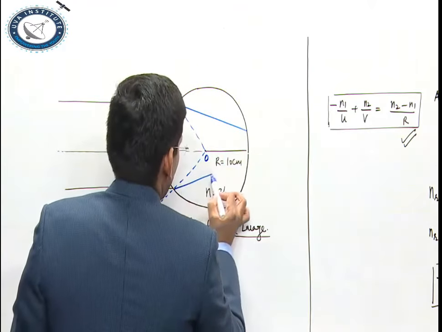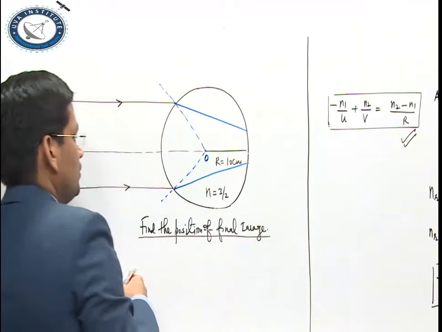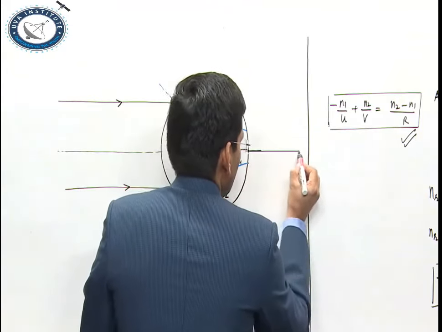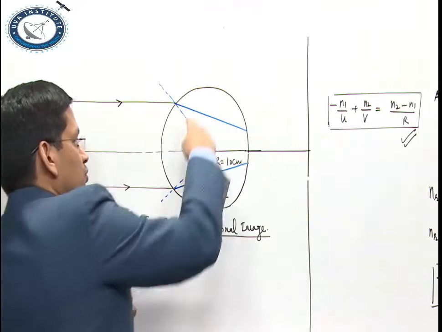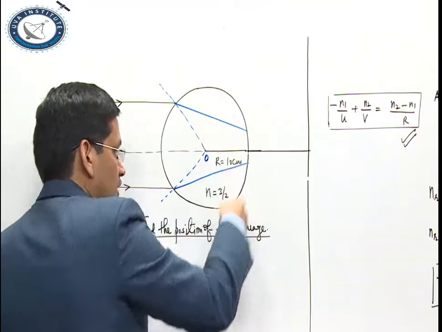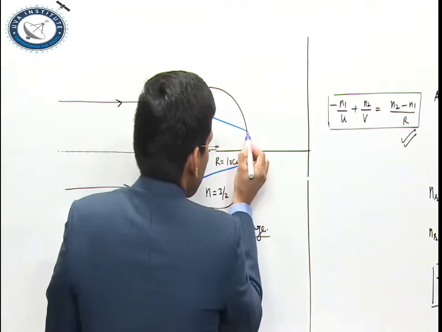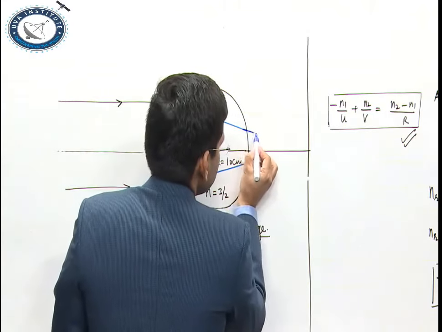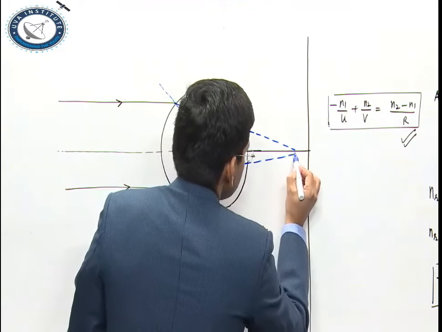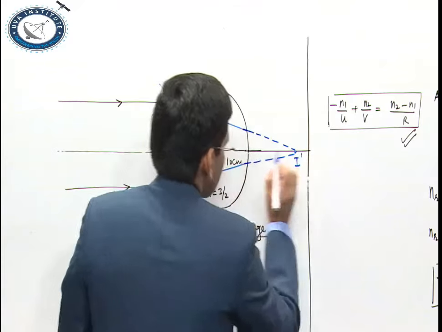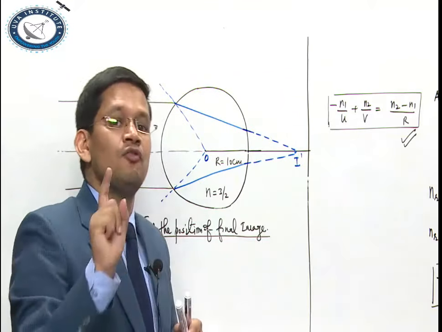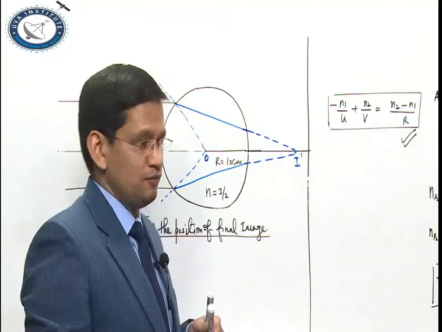I am not drawing further, just ignore my geometrical error here. What I am doing is, if there were no second surface, then the light would have simply gone straight. This would be I dash. So this I dash is the image formed by the first refraction from here.